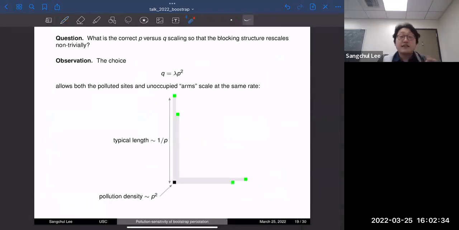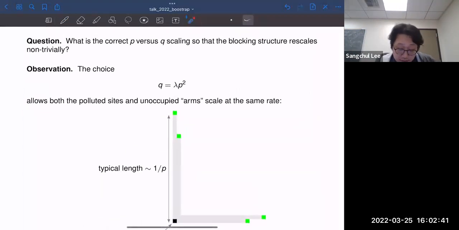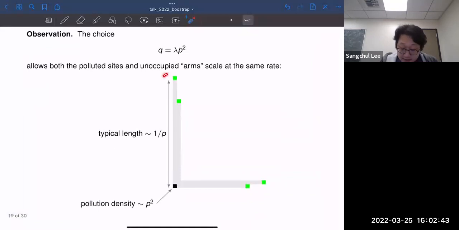So now this also explains why we expect that scaling relation to hold. Let's look at this blocking wedge. You see, basically, if I hold this arm, then the length of this arm is a geometric distribution with parameter p, which tells us that its typical length is of order 1/p.